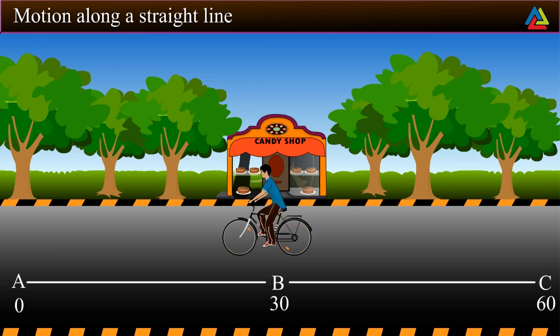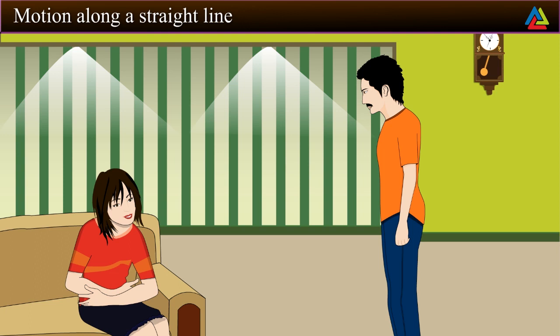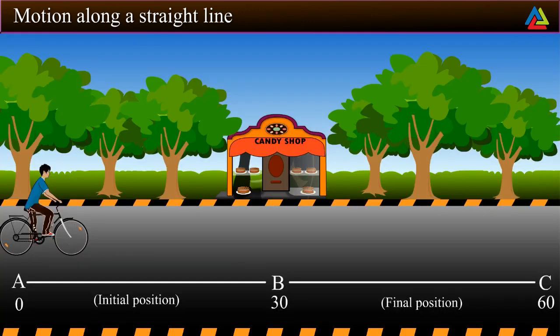What is the distance covered? Total distance covered by Ravi is 90 meters. The numerical value of a physical quantity is its magnitude. What is the displacement here? Displacement is the shortest distance measured from initial to the final position of an object.